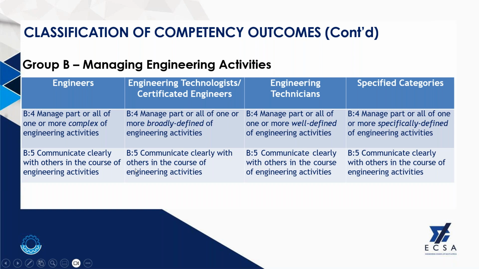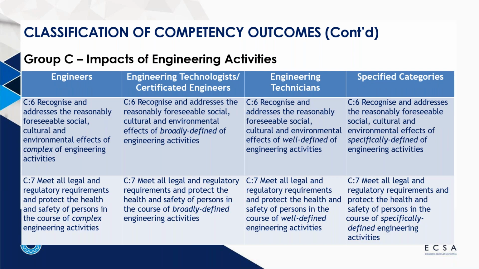So it is very important when you get to this particular outcome, which is under Group B, that you also consider social elements as well, and cover everybody within the group.